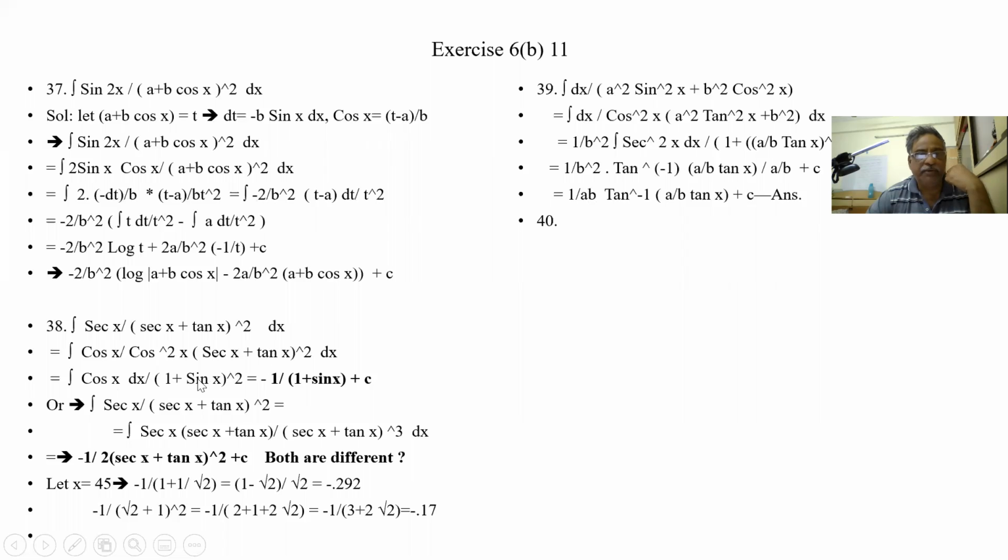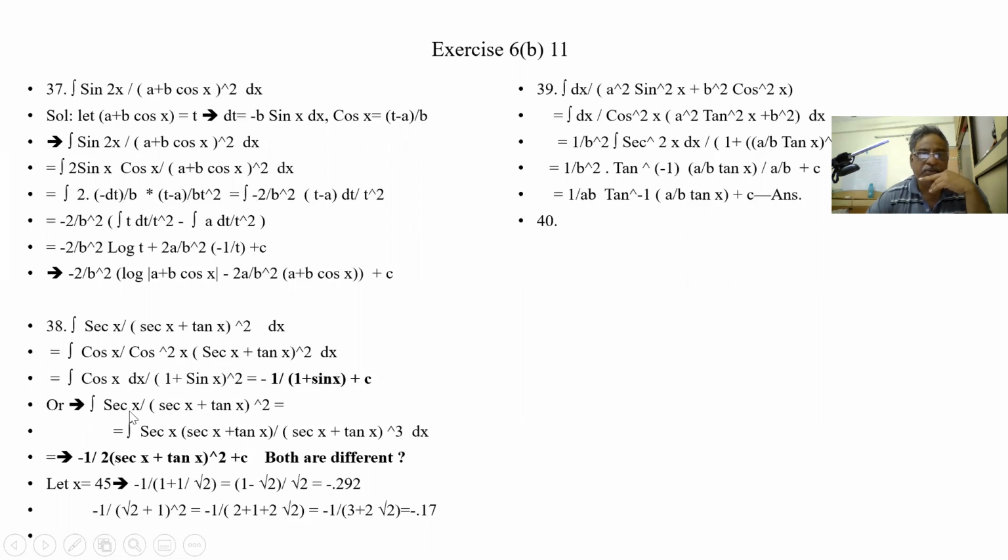So cos x by, if I take secant x outside, secant square and cos square are getting cancelled. So 1 plus tan x by secant x. What is tan x by secant x? Sin x. So 1 plus sin x whole square. So this is sin x, differentiation is cos x. So it can be written as minus 1 by 1 plus sin x plus c.